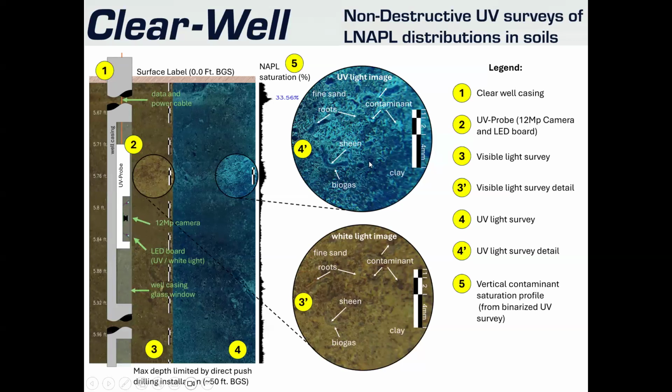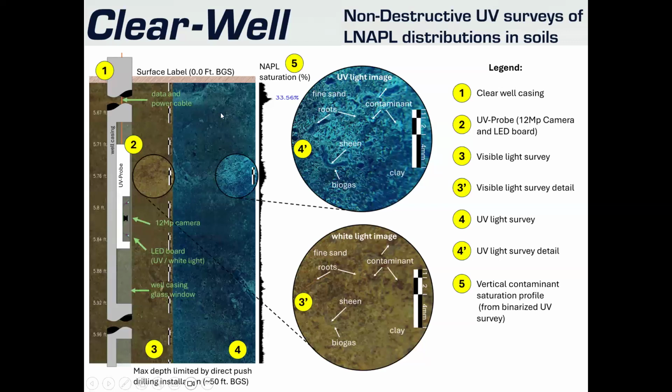With the new light, we're now seeing the detailed distribution of the contaminant. We're seeing these thin films or sheens. And just as importantly, we can repeat this survey at will. We have repeated this at will, and I'm going to show some of those results to you in a second.